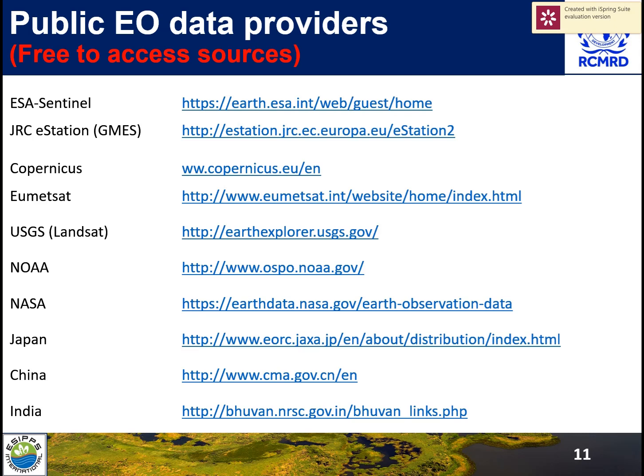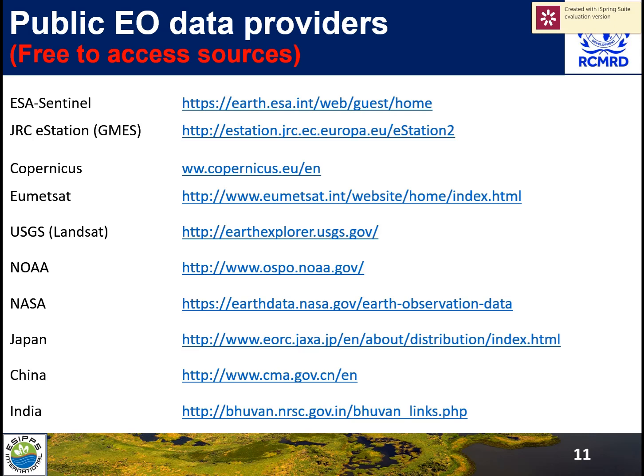Copernicus is also a program of the EU, which is also providing a lot of Earth observation data. EUMETSAT, working together with the GMES program, is also one of the public domains providing free access to Earth observation data.